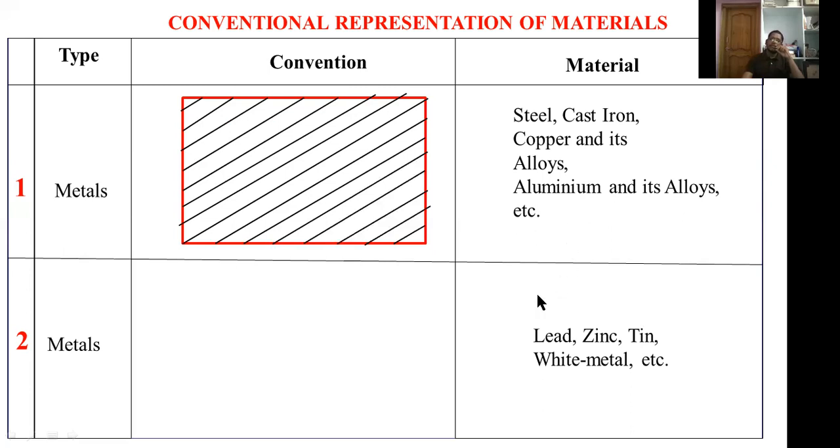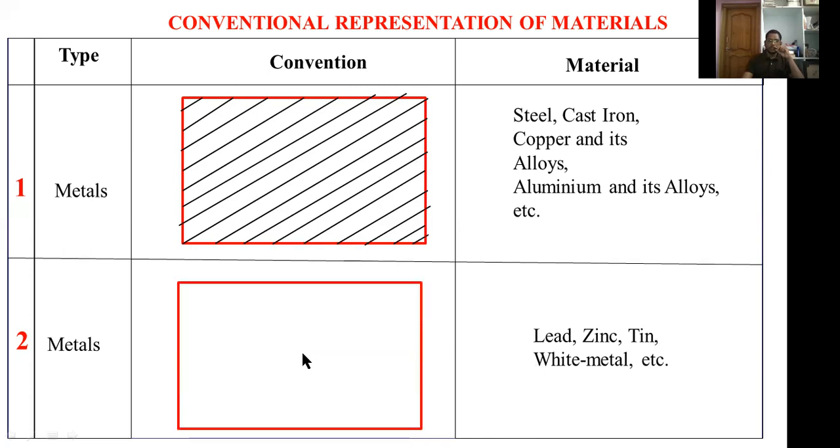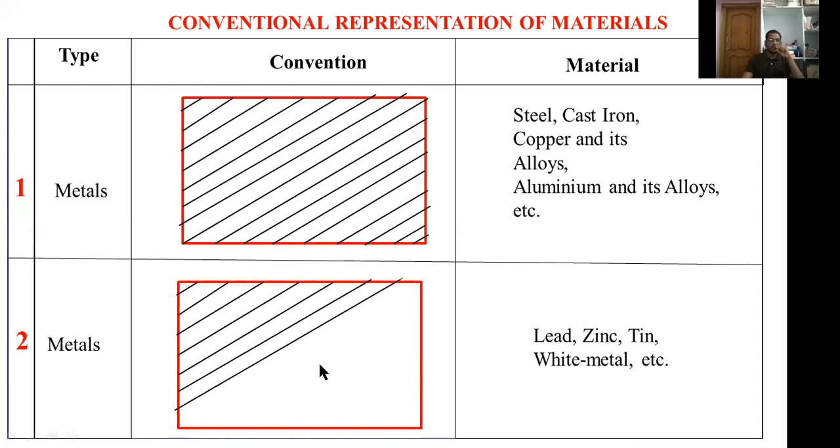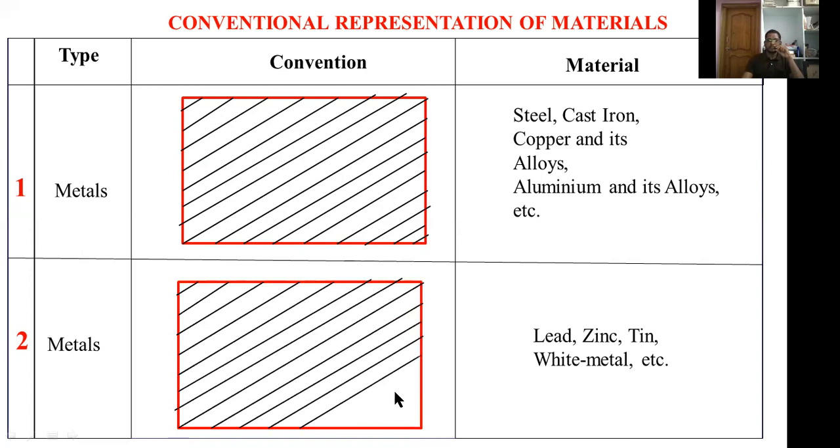Now, if lead, zinc, tin, white metals are there, how to represent those metals? I will show you. Here also I consider a rectangular plate. Here also I am drawing the hatching lines, same 45 degree angle inclination with the normal lines.